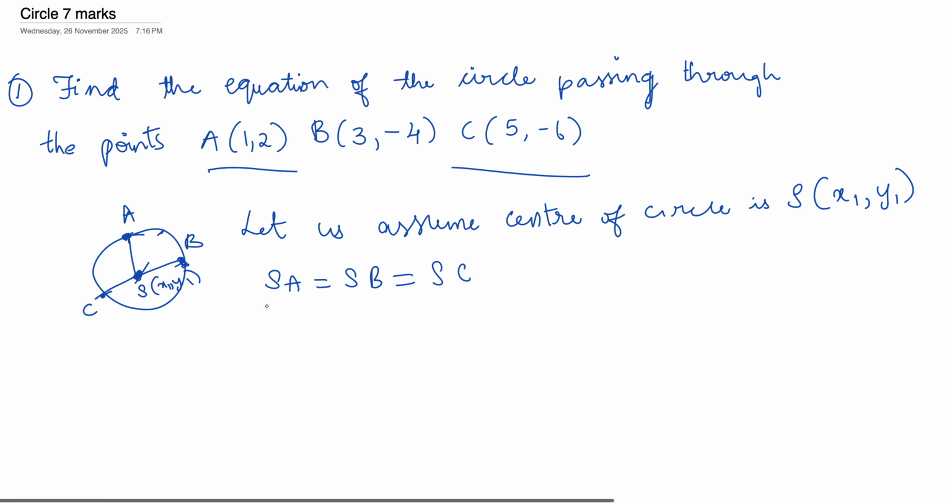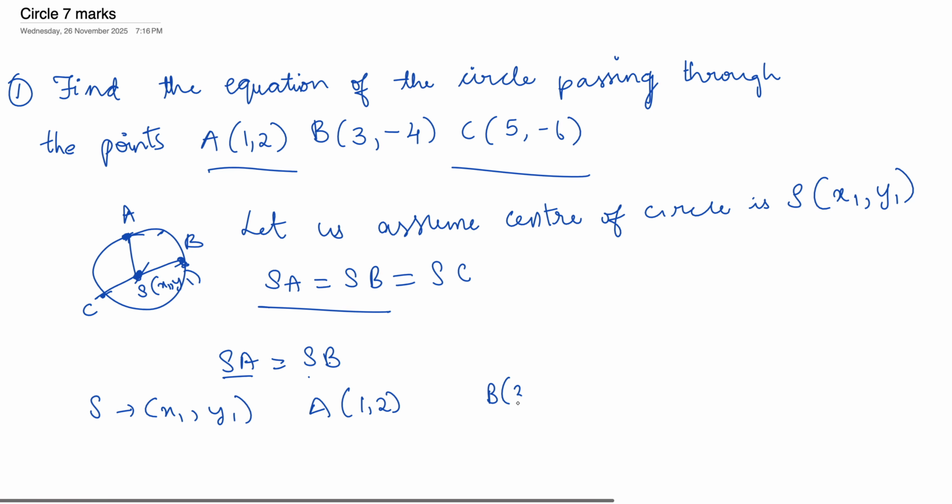Now let us consider these two: SA is equal to SB. So we'll find the distance between S and A, and the distance between S and B. The point S is (x1, y1), A is (1, 2), B is (3, -4).